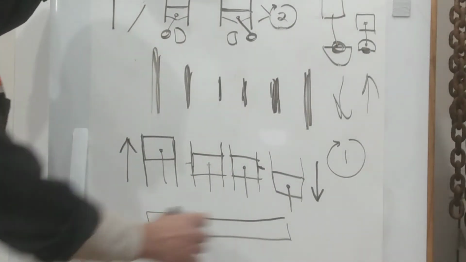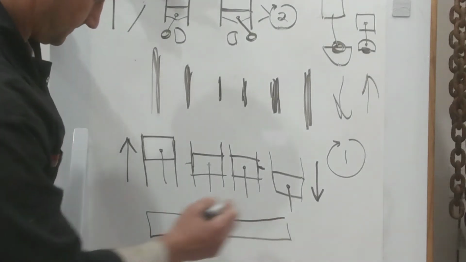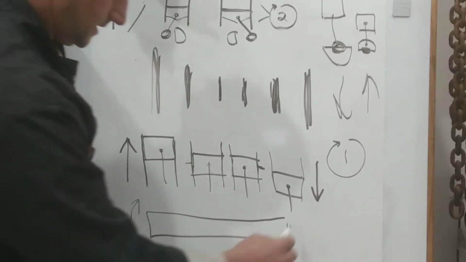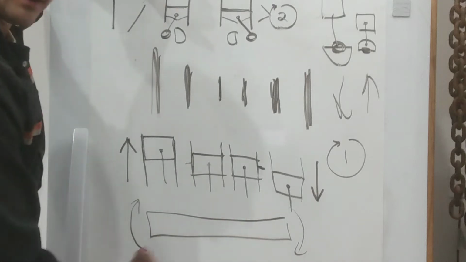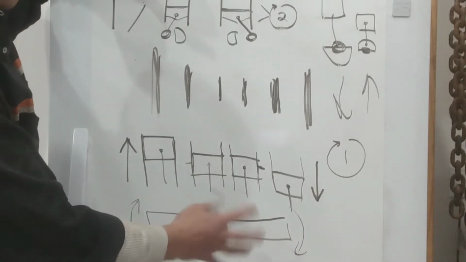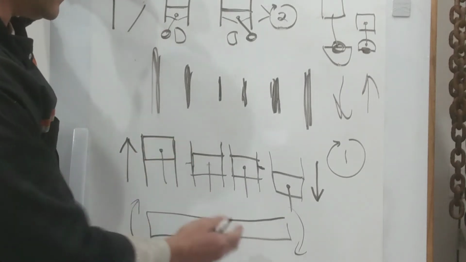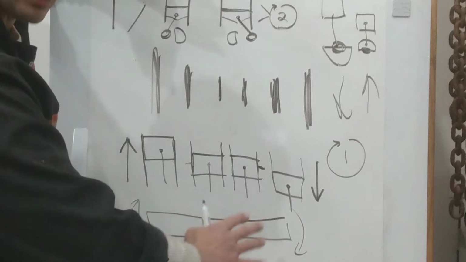So here's your crankshaft. Now your crank wants to do this. It wants to rotate up and it wants to rotate down. So now you have something connected from end to end that wants to rock, okay? That right there is causing the crankshaft to move like this in your block.